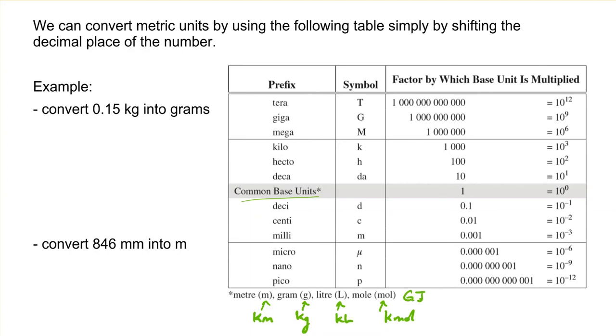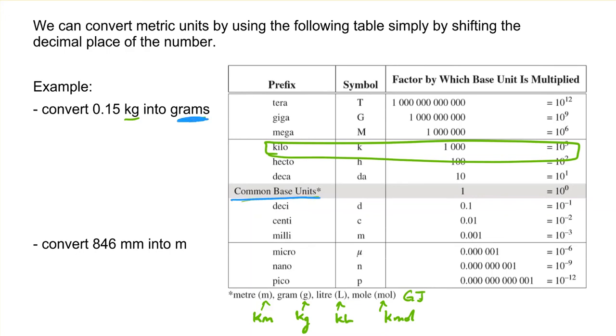So what we're gonna do is use this table to convert from one unit into the other. And all we're gonna do is shift the decimal place over. When you look on the side here, for example, to convert kilograms into grams, kilo something is here in green, and then gram something, a base unit, I'll do that in blue, so that's here in blue.